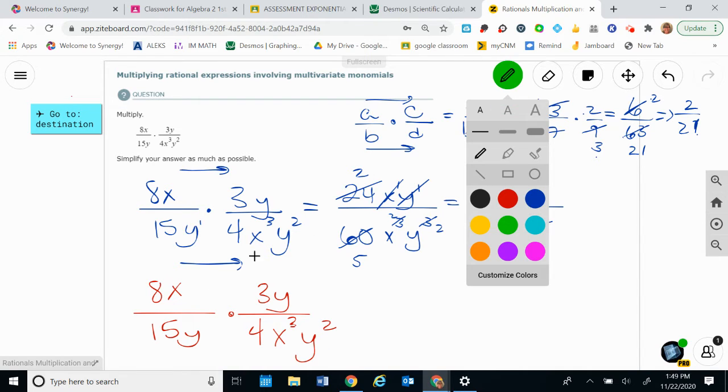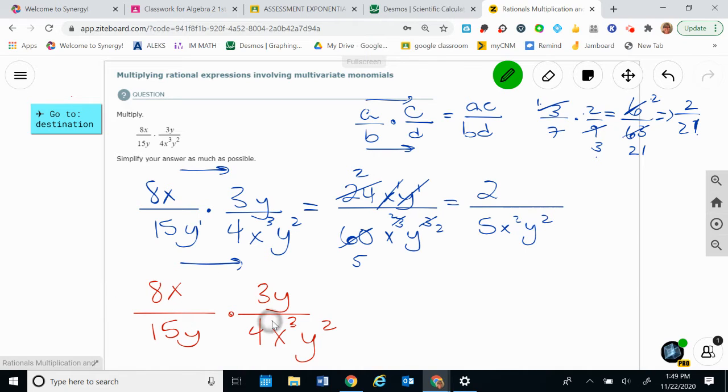Like if I see common factors, I'm going to cancel it. So in other words, 4 goes into 8 2 times. 3 goes into 15 5 times, right? They're both divisible by 3. Okay, x cancels and there's 2 left. And this y cancels with that y. And now you read what's left. 2 is left over 5 x squared y squared.